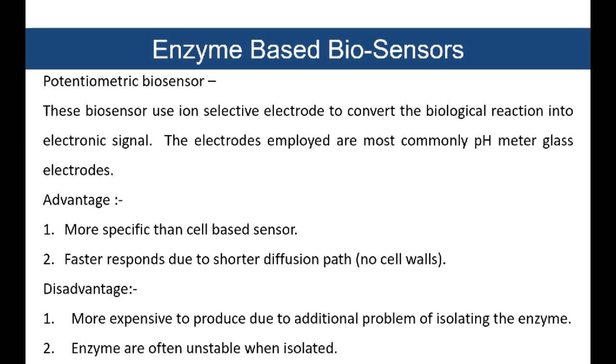Potentiometric biosensor. This biosensor uses an ion-selective electrode to convert the biological reaction into an electronic signal. The electrodes employed are most commonly pH meter glass electrodes. The advantages of these potentiometric biosensors are that they are more specific than cell-based sensors, and have a faster response due to a shorter diffusion path, that is, there is no cell wall, which is why the response is fast.